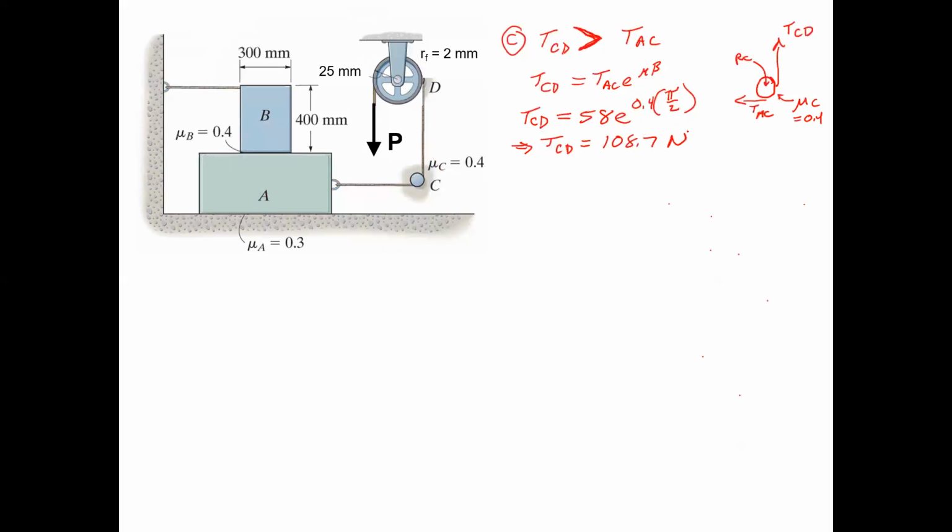Question, Isaac? It's pi over 2 because that's how much of an arc is being covered by the belt. That peg, if you blow it up, it's sort of where the tangent starts and where the tangent ends is 90 degrees.